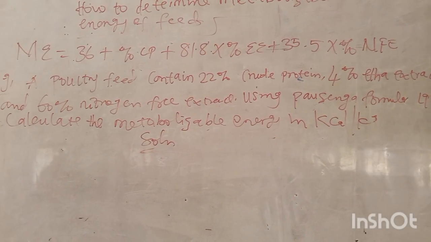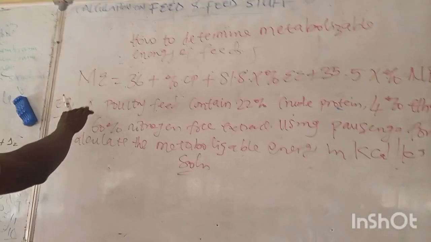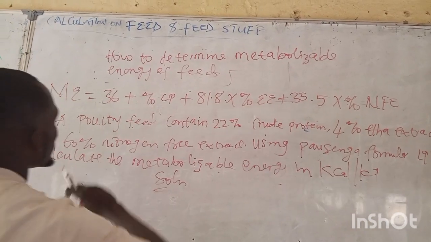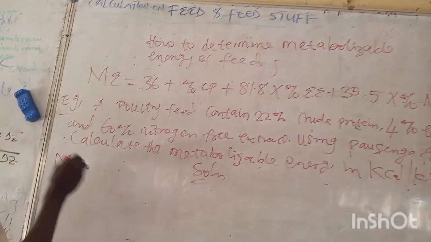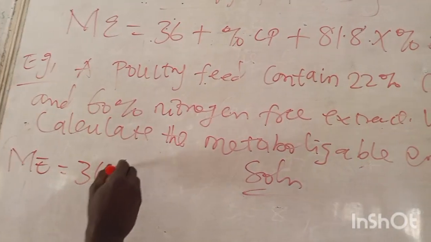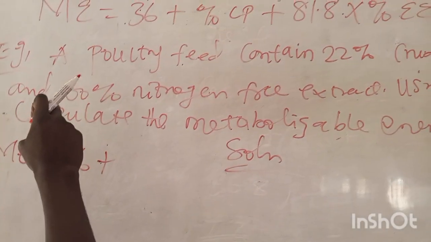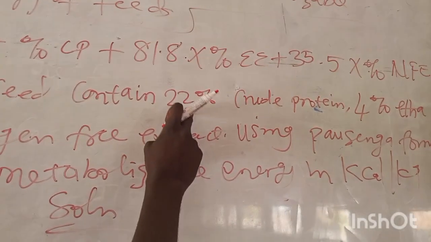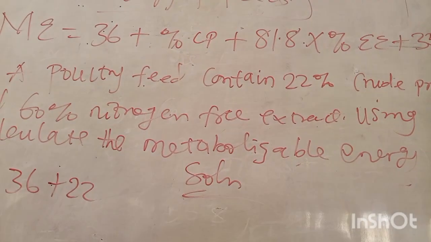Which formula are we going to use? Just as I said, we are going to be using the only formula the man gave. The formula says that ME is equal to 36 plus the percent of CP. Where do we have the CP here? They said our CP is 22. So we are going to put plus 22 instead of percent.